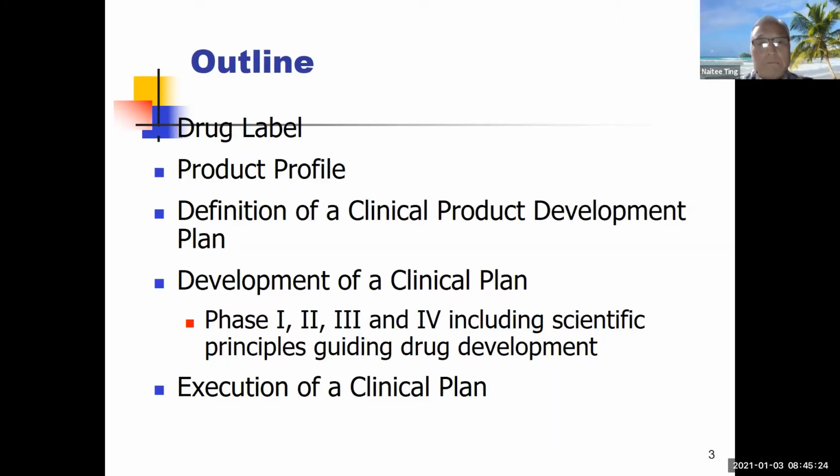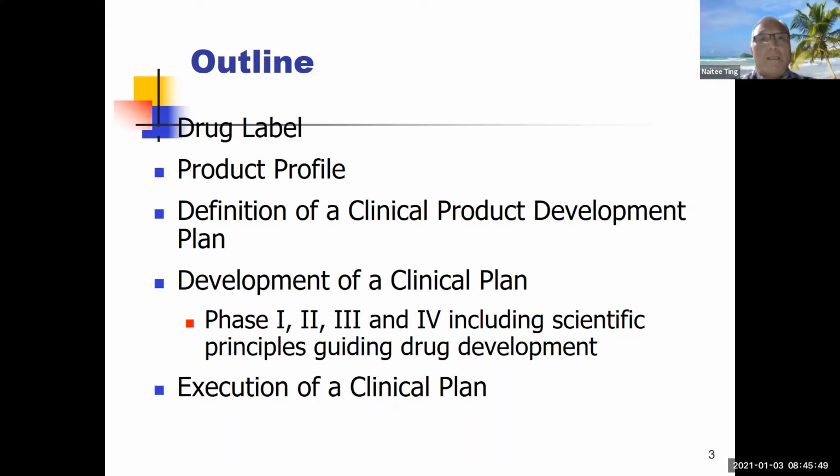Now, a drug label appears at the time when the FDA claims the drug is approved. So before the drug is approved, we always have a draft label. This draft label is called a target product profile.